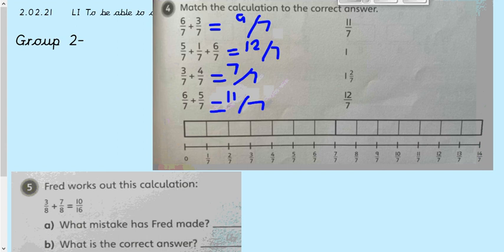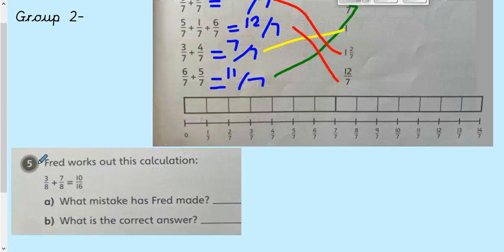So straight away I can see that we've got 11/7, that must be that one. 7/7 you should know is equivalent to 1 whole, so therefore that's going to be the same as that one. And then we have 12/7, and I can see that down here, which means that 9/7 must be 1 whole and 2/7. You may have also used the number line at the bottom to help, and that's fine.